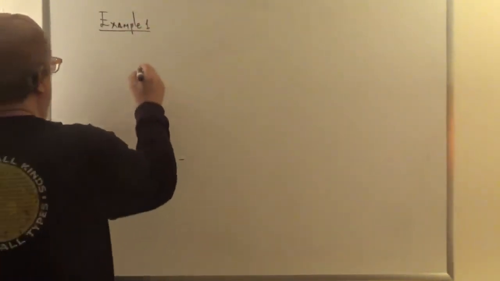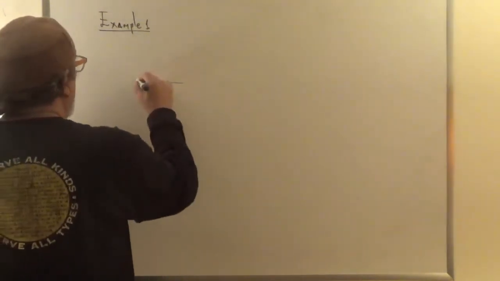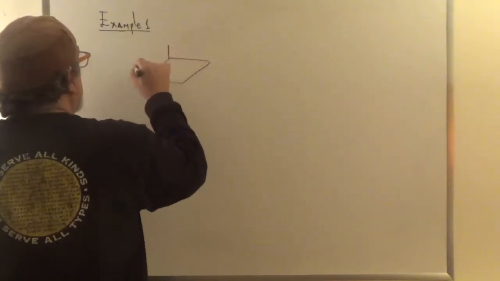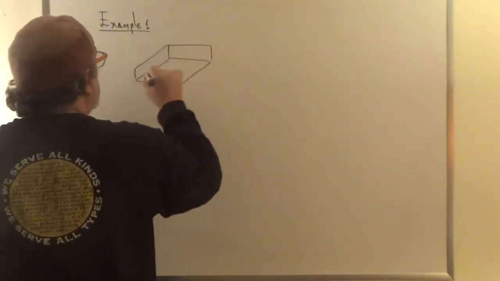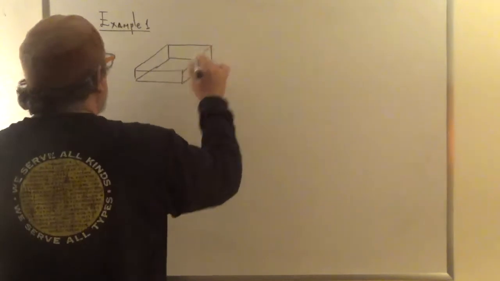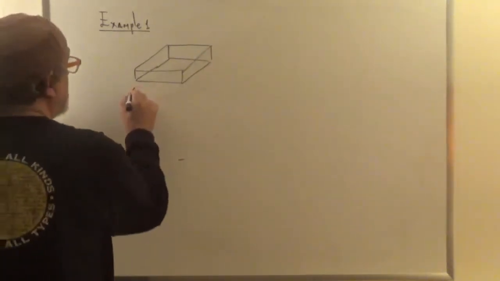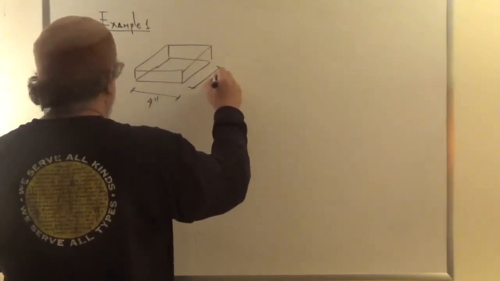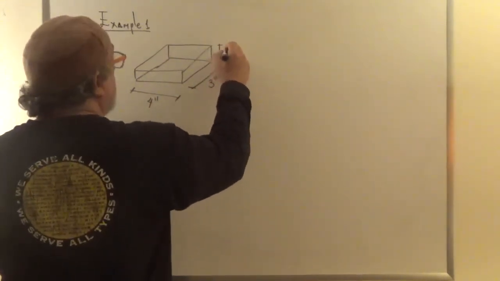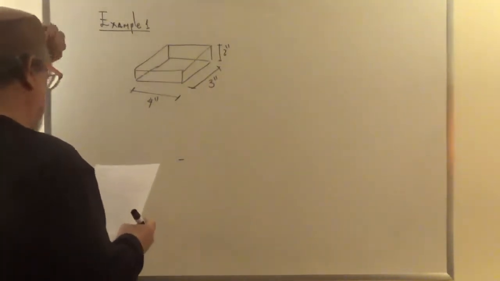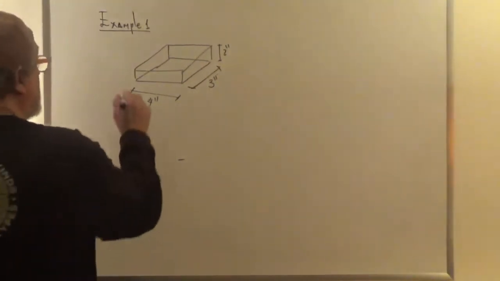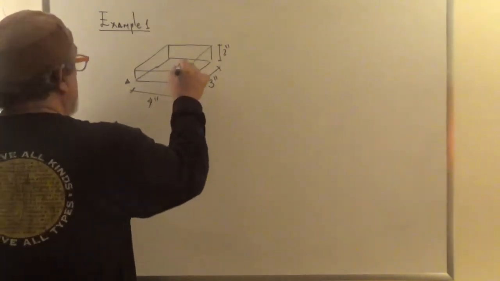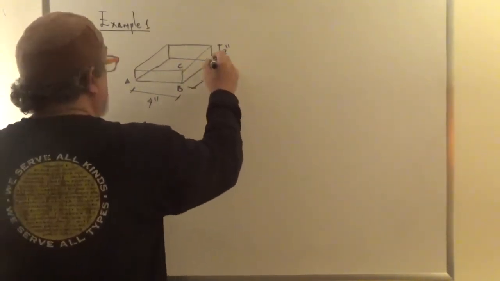Let's say that we have a solid like this. Maybe this is too easy. Which is 4 inches this way, 3 inches this way, and 2 inches up. Okay? Let's say that this is point A here, this is B, this is C on the top, this is D on the bottom here.